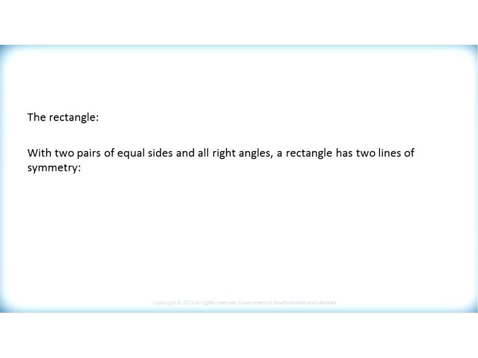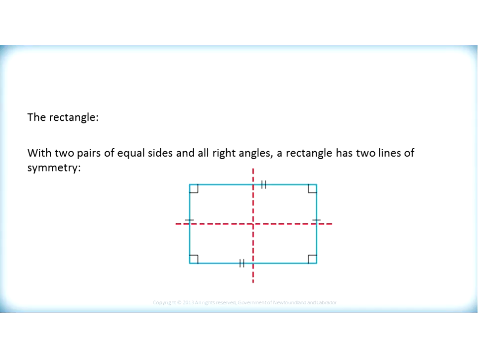For the rectangle, with two pairs of equal sides and all right angles, a rectangle has two lines of symmetry. So we can see in our diagram here that there are two lines of symmetry, a vertical line and a horizontal line.